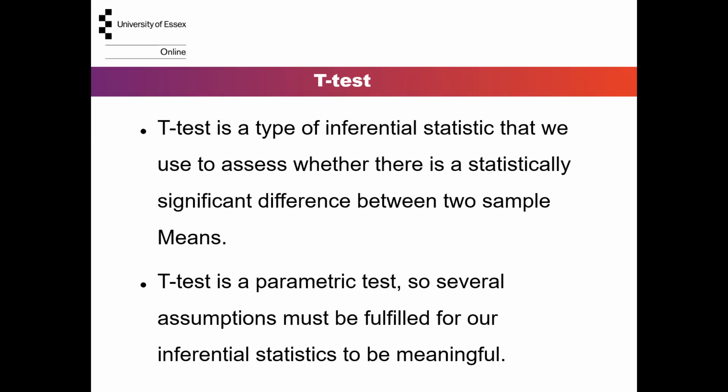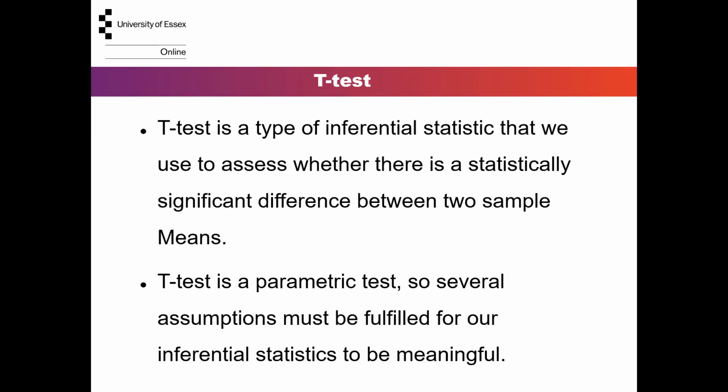I'm going to give you another example. Similar to the previous one about levels of depression, in this case we want to compare two drugs, let's say drug A and drug B, and we want to see which one is the most effective to treat depression.